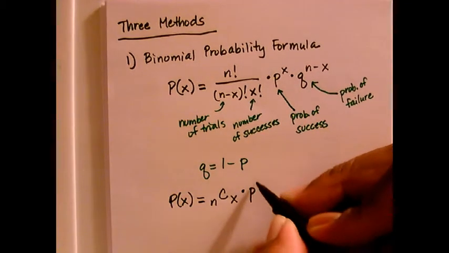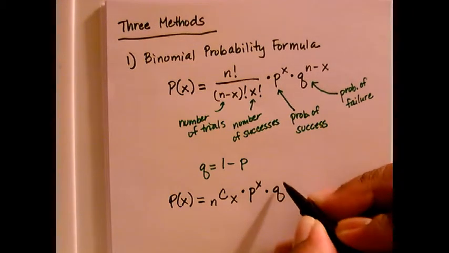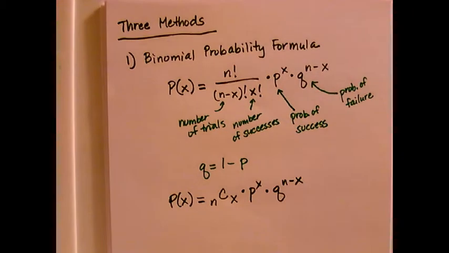And that's multiplied by p to the x times q to the n minus x. Okay. Now that's one method of finding a binomial probability distribution using that binomial probability formula.